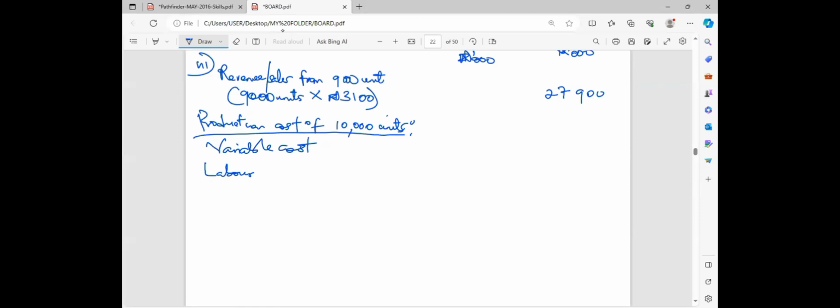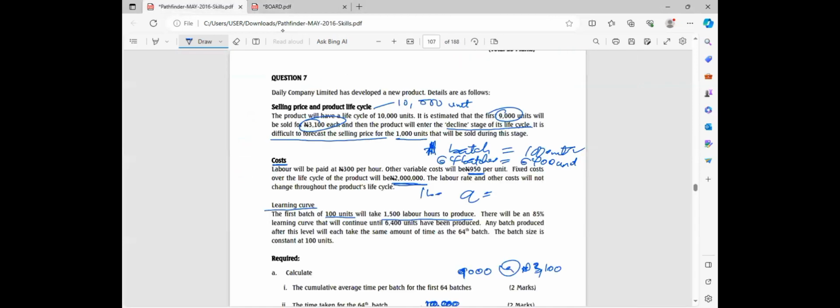If labor is 300 naira per hour, what will the total labor cost be for the 10,000 units?